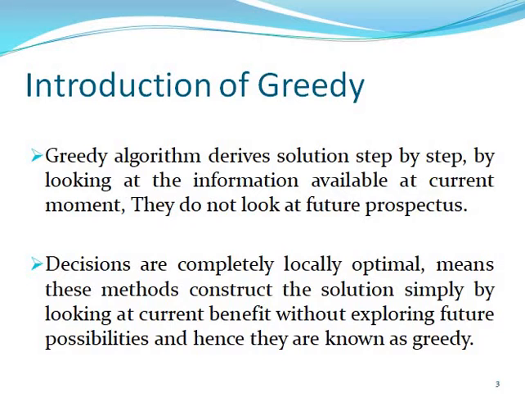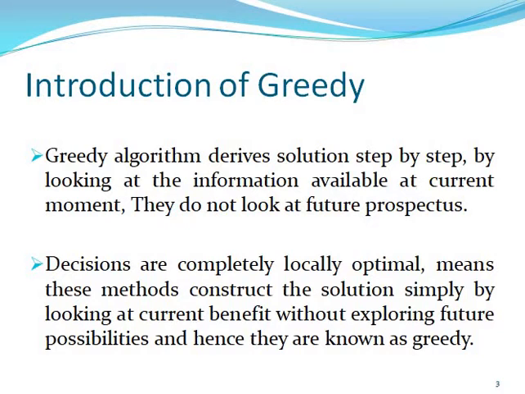So what is optimal? It means the method constructs the solution simply by looking at the current benefit without exploring future possibilities, and hence it is known as a greedy algorithm. So what is the main importance of the greedy algorithm?